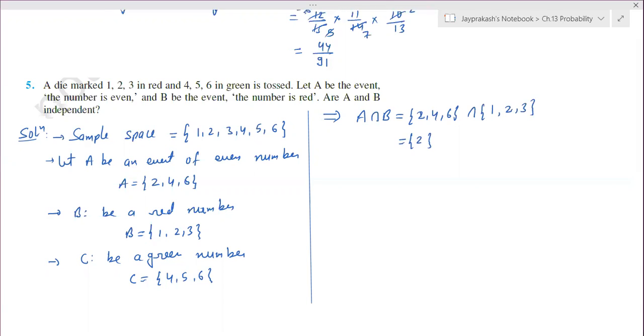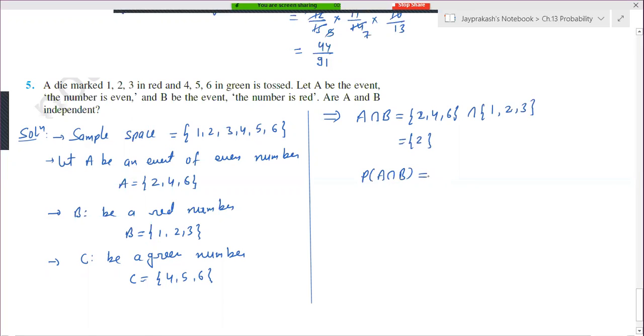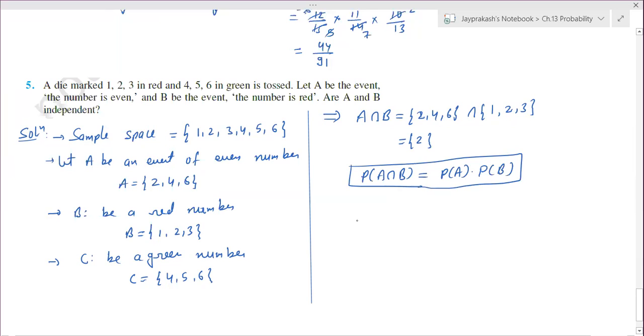Now we have to find out whether they are independent or not. So first we will prove that probability of A intersection B is equal to P of A into P of B. If they satisfy this condition, that means they are independent events.